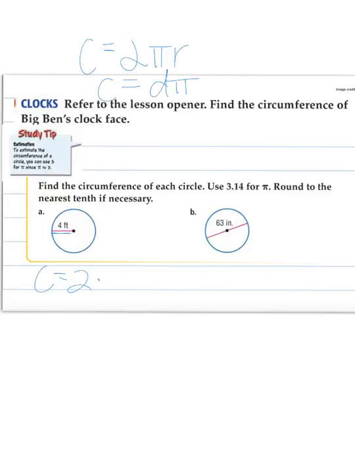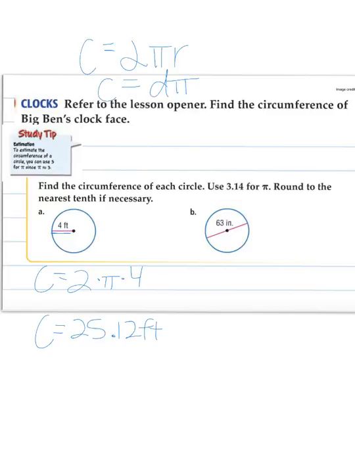So 2 times pi times the radius, which is 4. Now I go on my calculator. 2 times pi, or 3.14, times 4, and the circumference equals 25 and 12/100 feet.